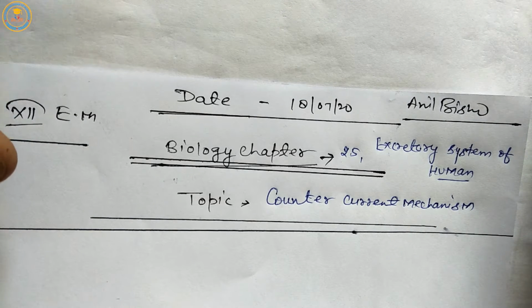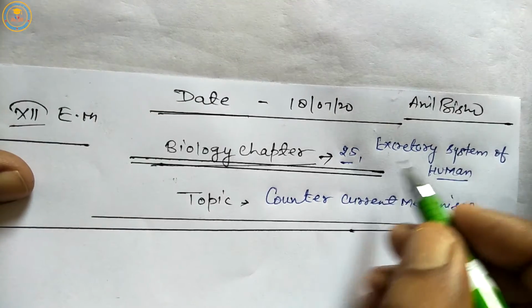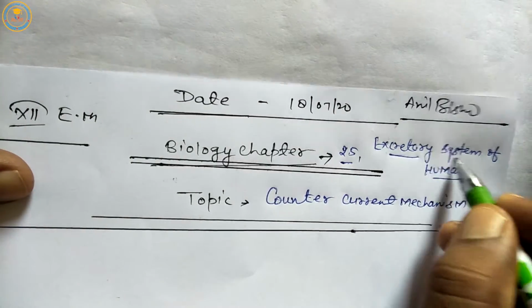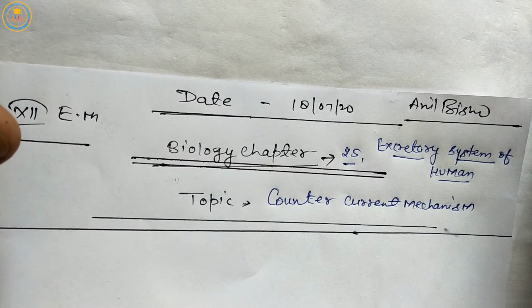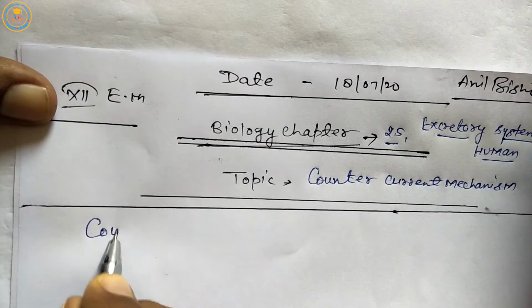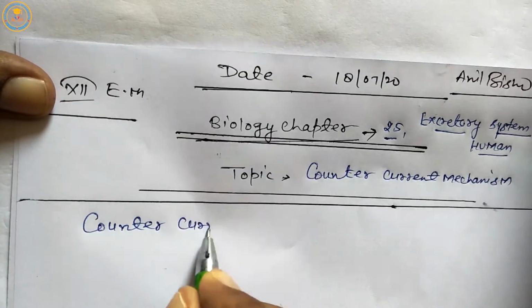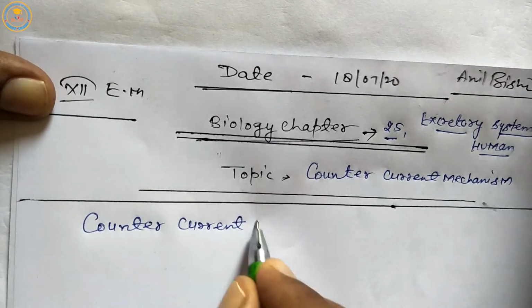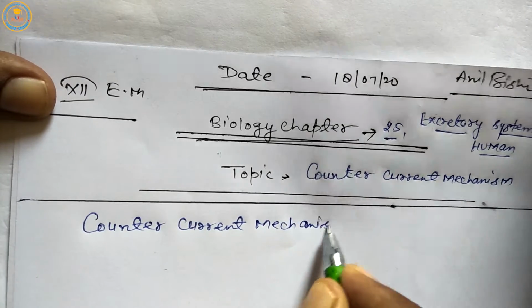Once again, today we are going to discuss class 12th biology chapter 25, excretory system of human, and today's topic is counter current mechanism.